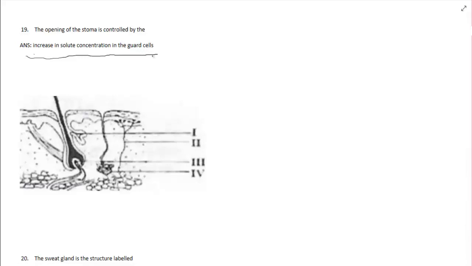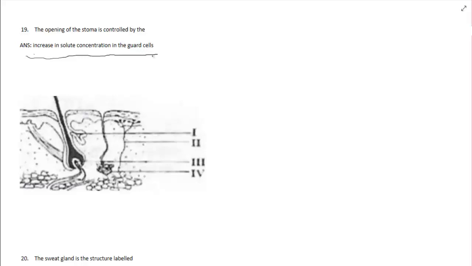Now, a guard cell is a cell found in the lower epidermis of the plant that determines the opening and closing of the stomata. An increase in solute concentration in the guard cell leads to opening of the stomata, while a decrease leads to closing of the stomata.